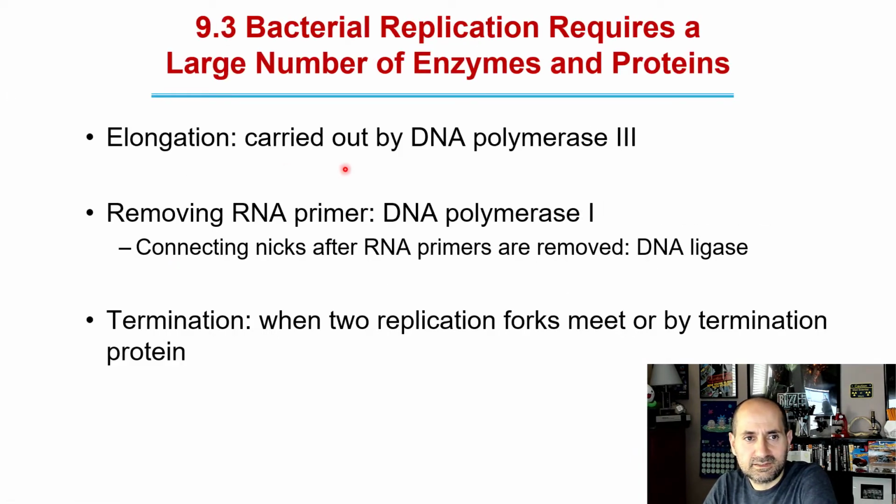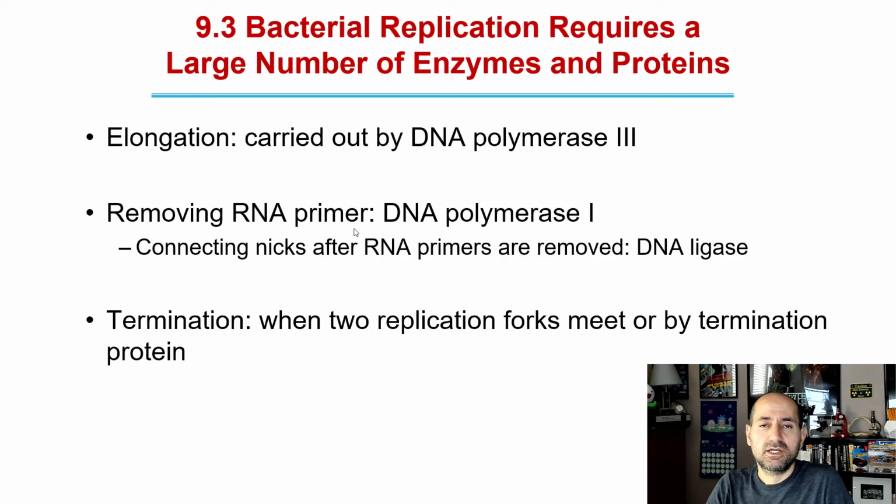Okay, so again, elongation, this means copying of the DNA, is carried out by DNA polymerase III in bacteria, in E. coli. Removal of the primers: after you've used the primers to make the Okazaki fragments, at that point you need to remove the primers and replace that RNA with DNA.